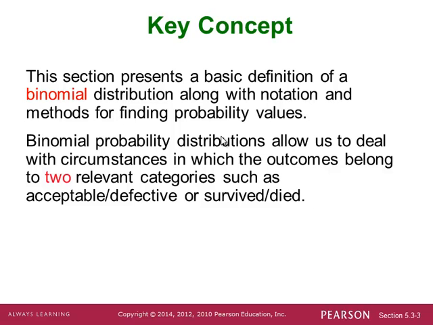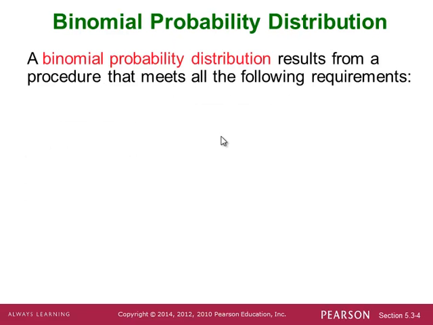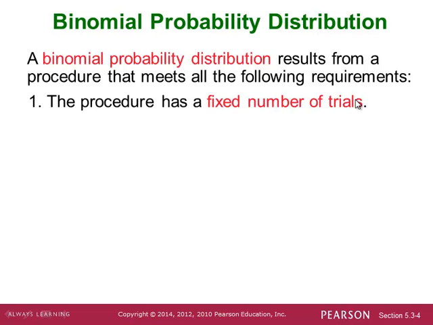The binomial probability is going to calculate the probability of achieving a certain number of successes or failures, however you want to call it. The random variable x is going to be that number of successes out of n number of trials.